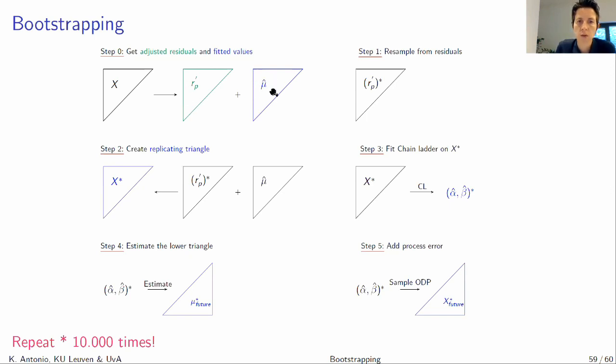We also focus on the fitted values that we obtain with our GLM for the upper triangle. Now what we're going to do is create artificial triangles. We're going to create a replicating, artificial triangle by using this connection between the residual, the fitted value, and the corresponding incremental amount.